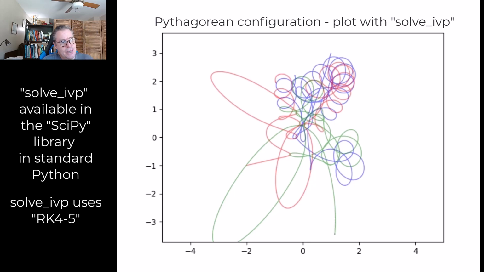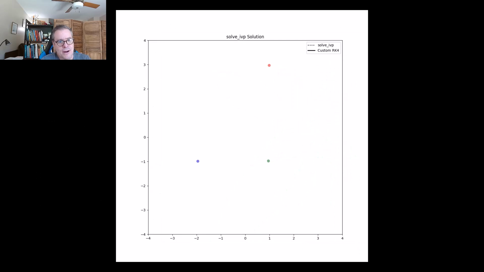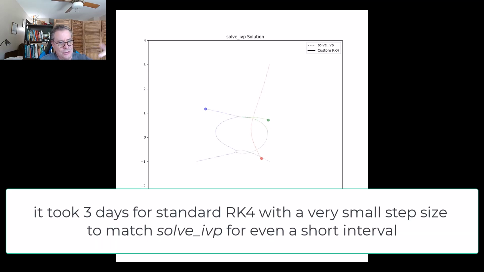So to generate an animated plot of trajectories in the general three-body problem using an advanced integration method with an adaptive step size, this is computationally intensive. It took my computer about 3 days to generate this animation here using standard Python with the code written in PyCharm.